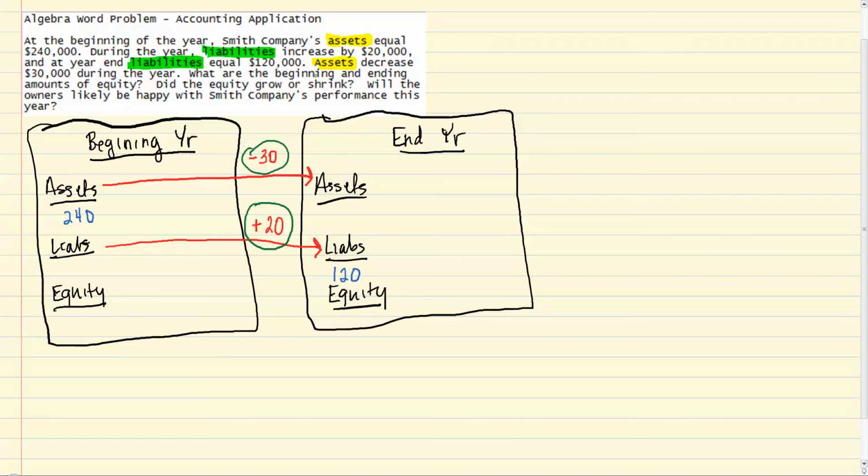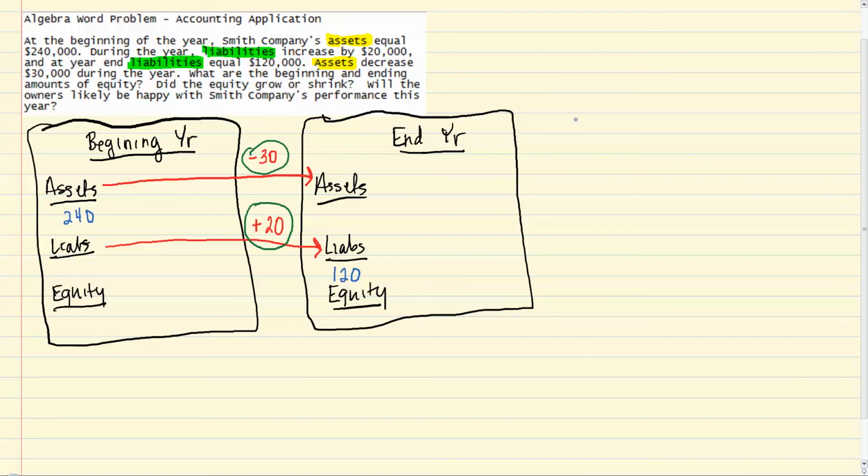Okay, so we've got all the information the problem has given us, and now we need to calculate. We know that we're starting off with 240,000. It's going to decrease over the year by 30, so our assets at the end of the year are going to be what? That's where our first equation comes in.